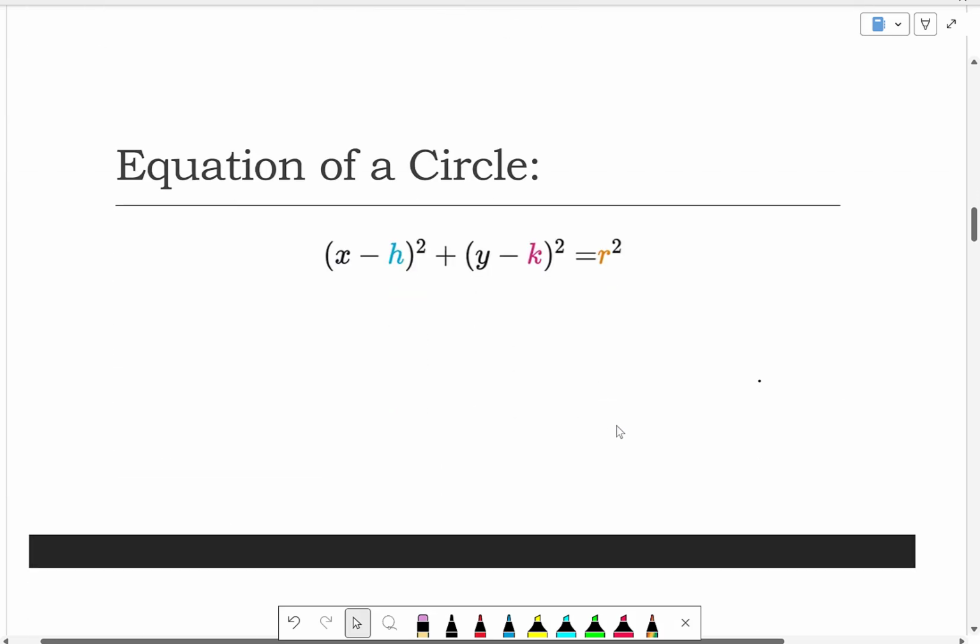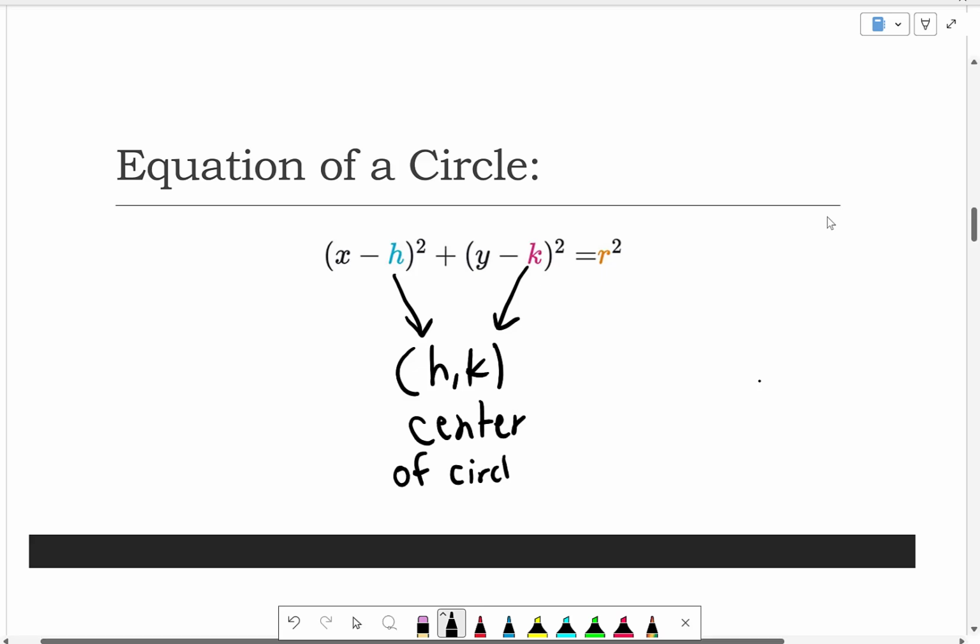Okay, so now we're going to get into what is the equation of a circle. So again, h and k make the center of the circle. And then the r right here is the radius.